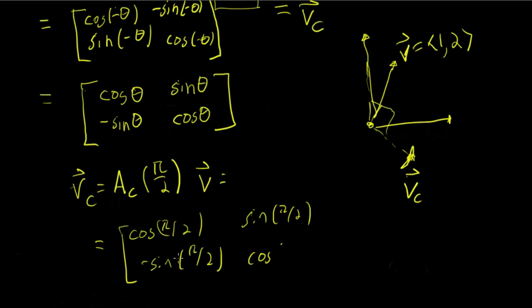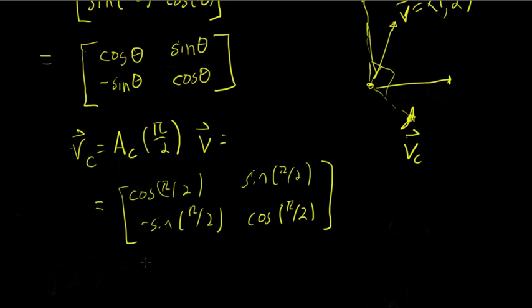This entry is minus sine of pi over 2. This entry here is sine of pi over 2. And this is just plugging in pi over 2 for theta in this matrix above. And this entry is cosine of pi over 2. And of course, this is going to be multiplied by the vector 1, 2.